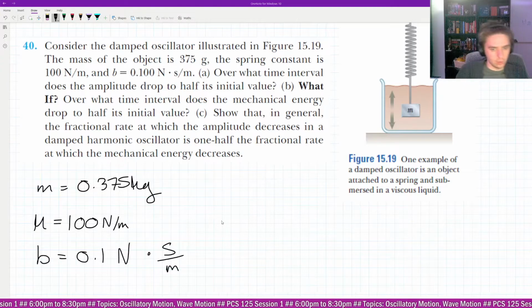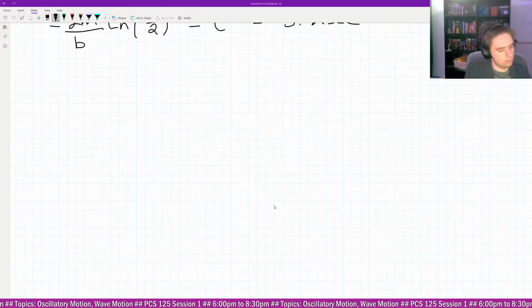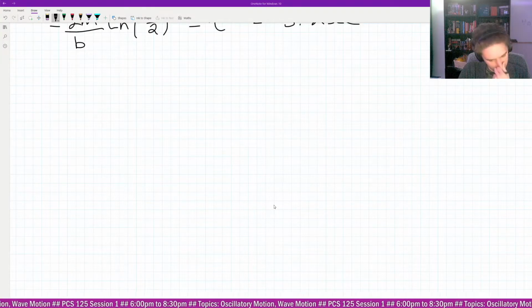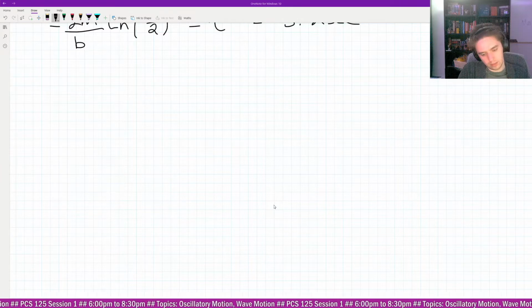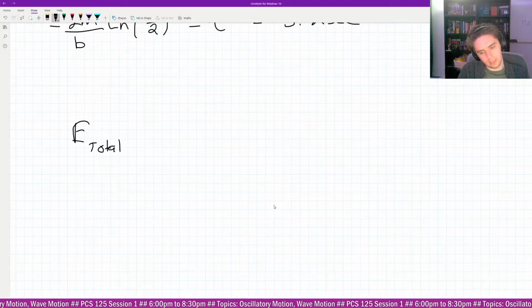So what we're looking for is the total mechanical energy, which I can't find here. There we go.